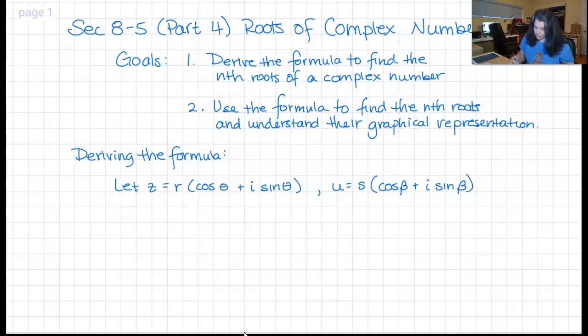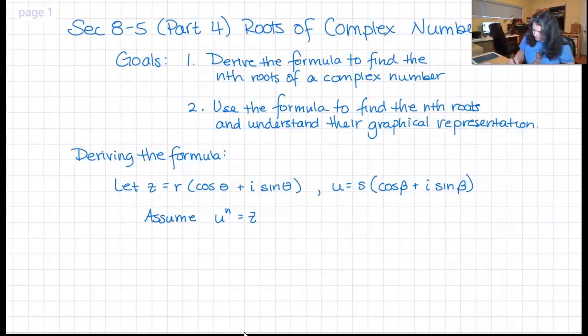And then I'm also going to assume u to the nth is equal to z. So let's go ahead and see what that means.